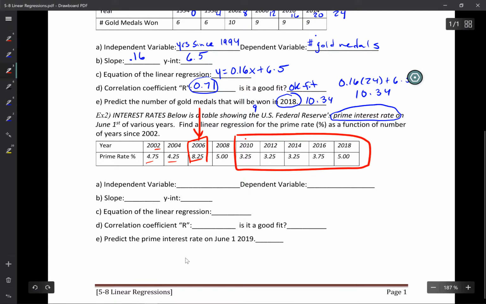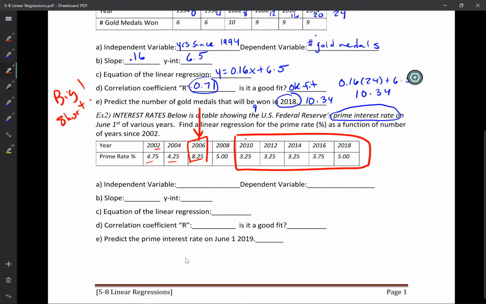If you ever have a chance, go watch the movie or read the book, even better, The Big Short. It's about the collapse of the U.S. economy because of that housing market. Basically, I'll give you the 2-second version. Banks were letting people buy houses that did not have the money or the ability to pay for those houses. So all these people were buying houses, but they couldn't pay for them.